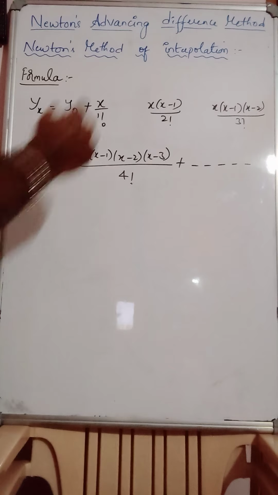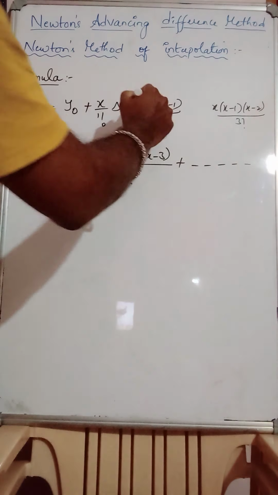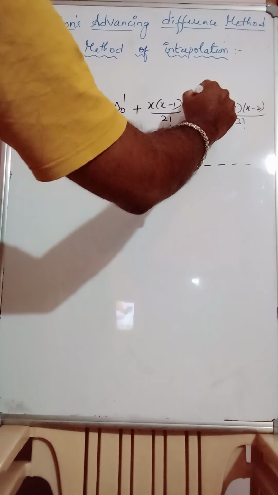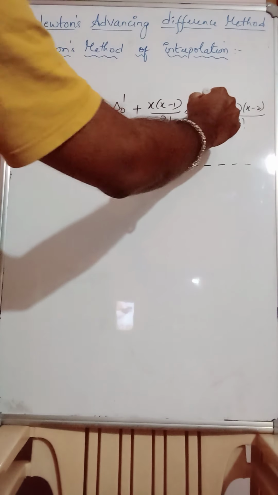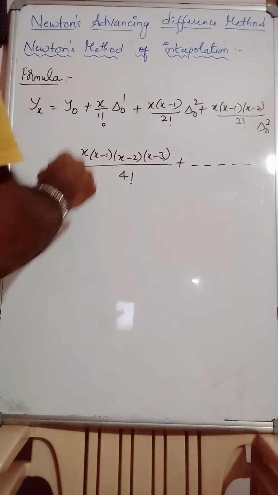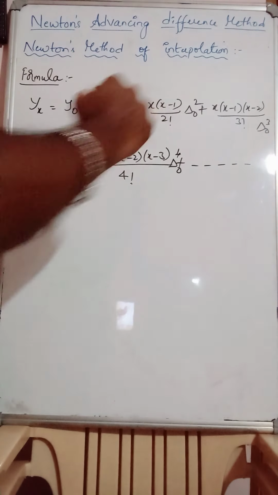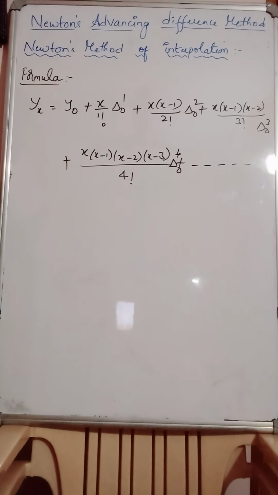After writing like this, here first leading difference delta naught 1, second leading difference delta naught 2, third leading difference delta naught 3, fourth leading difference delta naught 4. So this way you have to learn writing the formula of Newton's method.